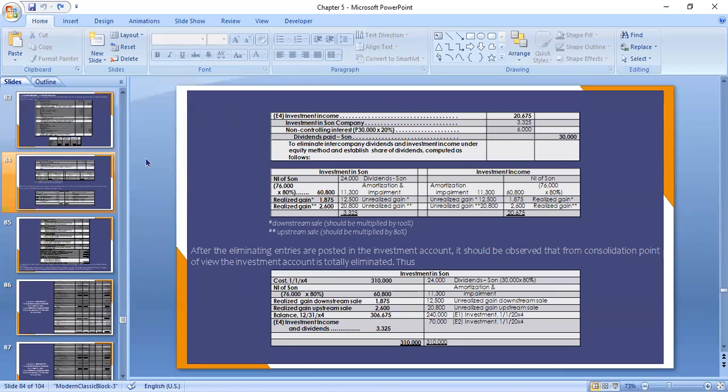Now we have the balances, the entries to the investment account and to investment income.